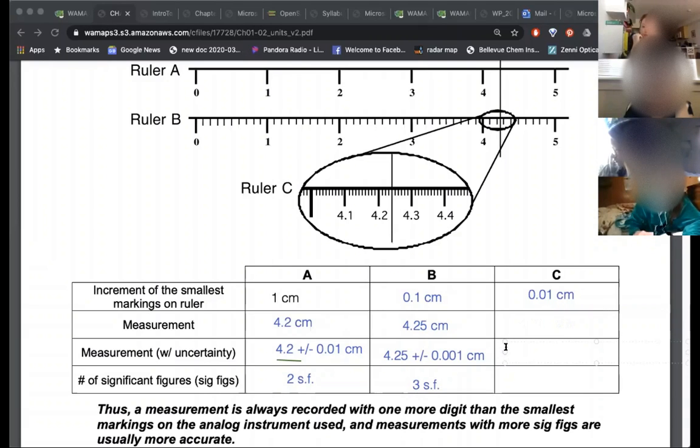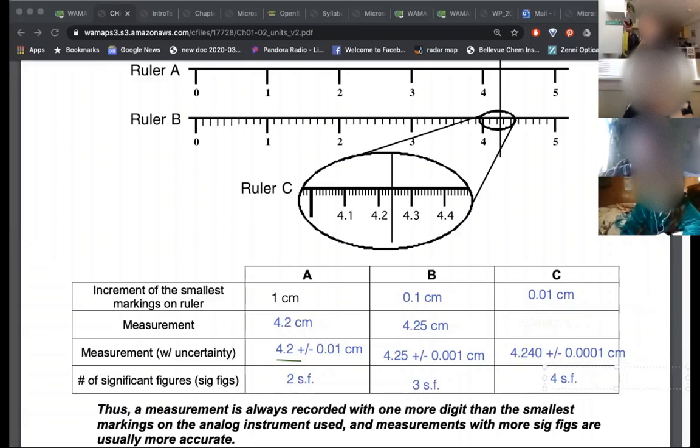All right, so with the error shown, 4.240 plus or minus, oh, wrong one, plus or minus, and our units. So this number from ruler C is required to have 4 significant figures showing, right?